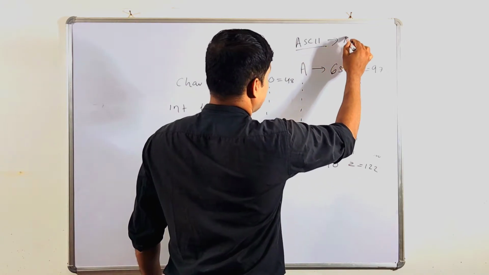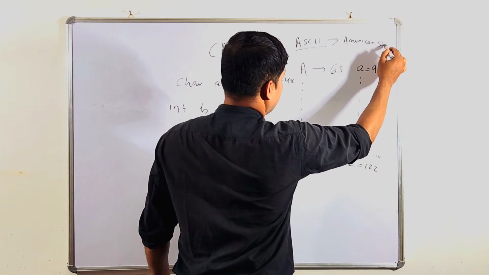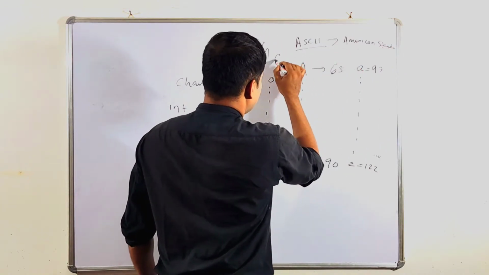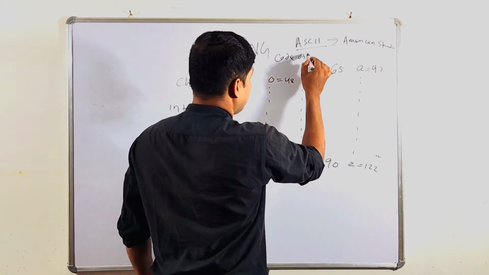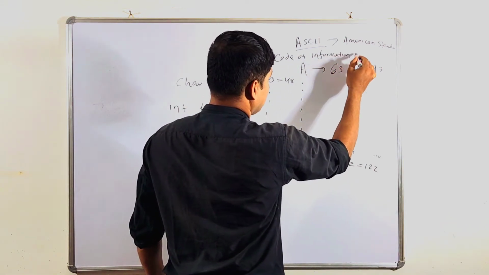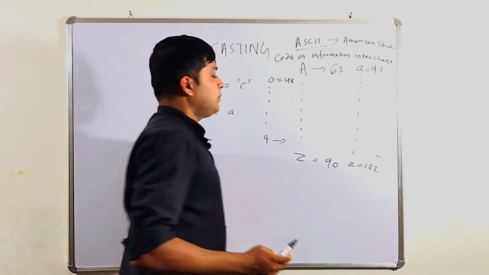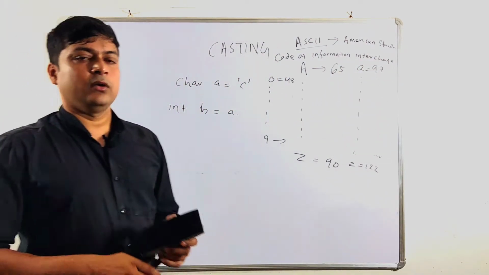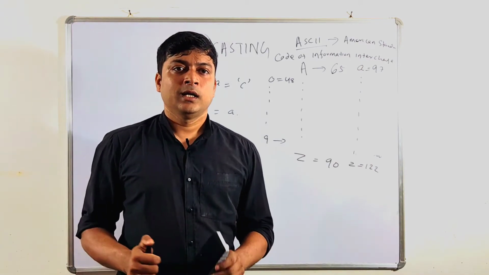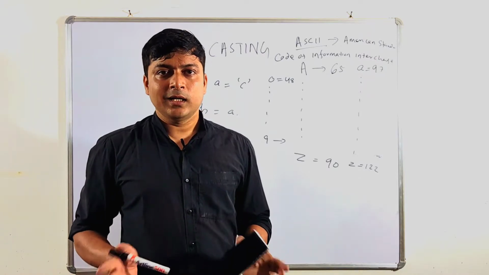ASCII means American Standard Code for Information Interchange. As you already know, the computer understands only machine language, that is 0 and 1, binary level language.